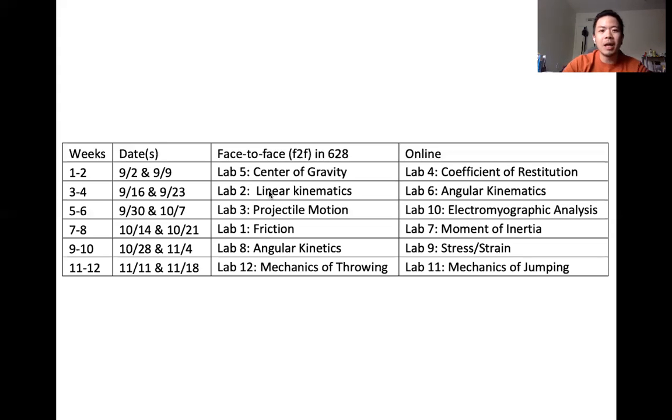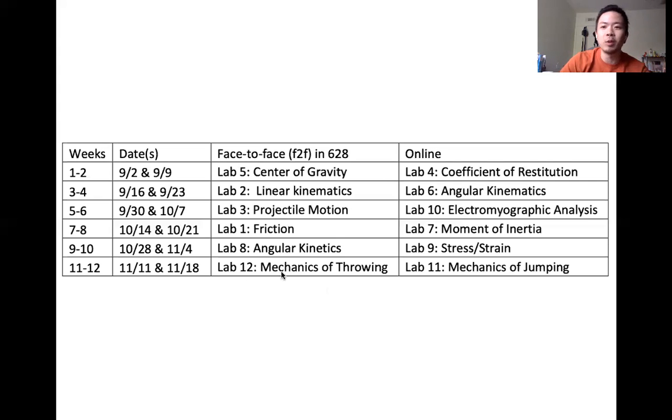These labs cover linear movement and angular movement, instruments like force plate and EMG analysis, and qualitative analysis like mechanics of throwing and jumping. Qualitative analysis will be much better face-to-face, but we'll see how it goes at the end of the semester.